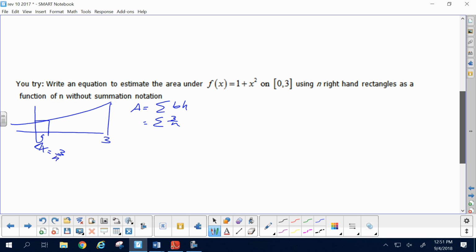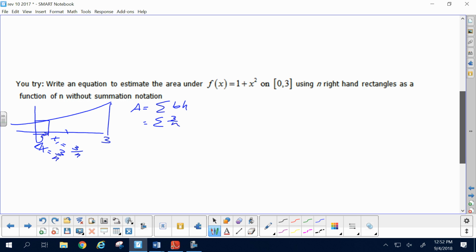Okay, that delta x. The first x that goes into the function, because we're using right hand, we would go to that first division over. If I started at 0 and went over 3 over n, I would be at 3 over n, because 0 plus 3 over n is indeed 3 over n.